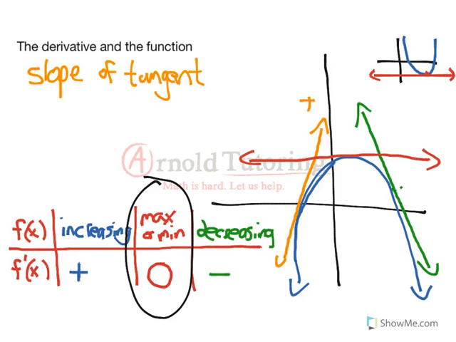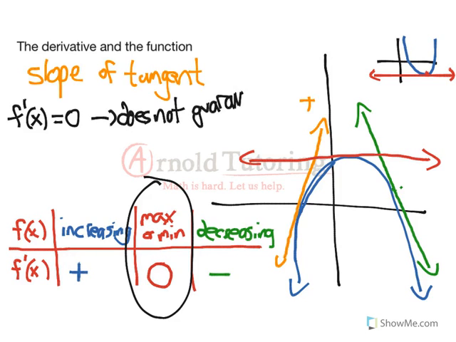Now, one last point is that it does not work the other way around. If we find that f prime of x equals 0 at some point, this does not guarantee a max or min at that point. We'll talk about that a little bit later, but it only works the one way around.